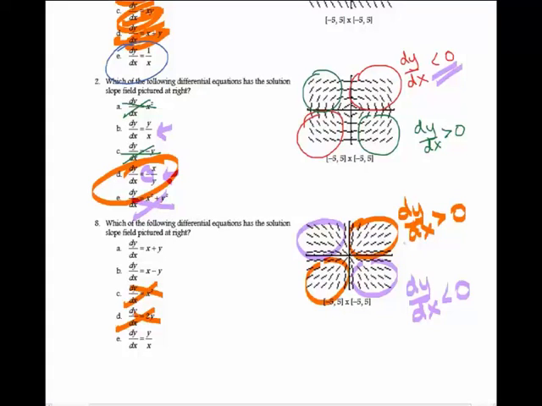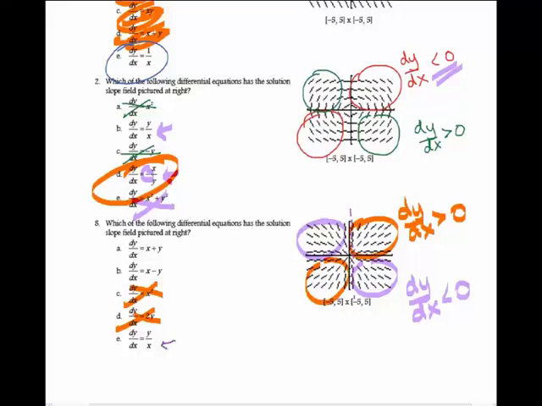Looks like they're kind of flattening out, right? They're approaching a vertical tangent line as x gets closer to 0, and over here, as y gets closer to 0, it's approaching a horizontal tangent line. So what would that lead us to?